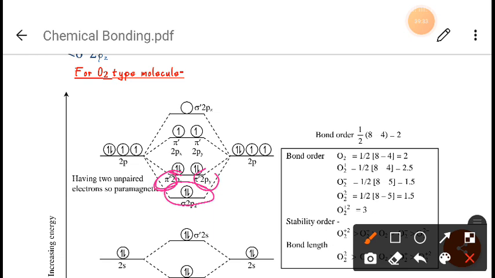As we have discussed also about this. So on filling the 12 bonding electrons in these molecular orbitals in accordance with the rules, as we have discussed earlier, we will get the molecular orbital diagram of the O2 molecule, as we can see here, right?